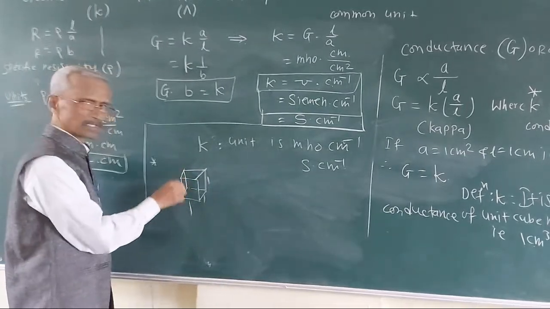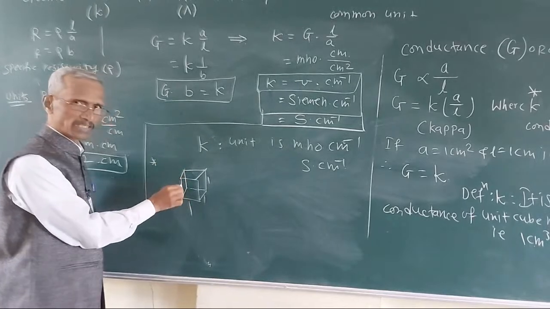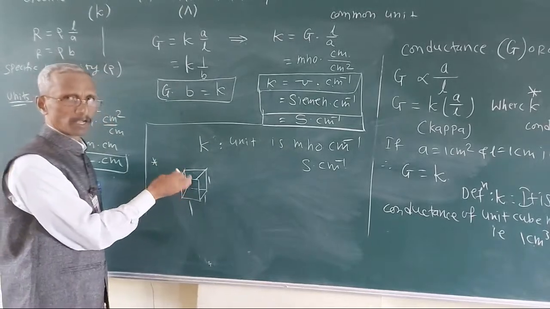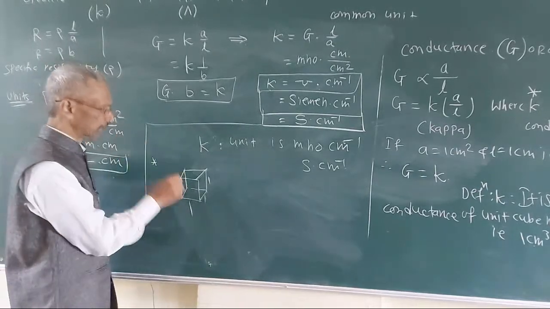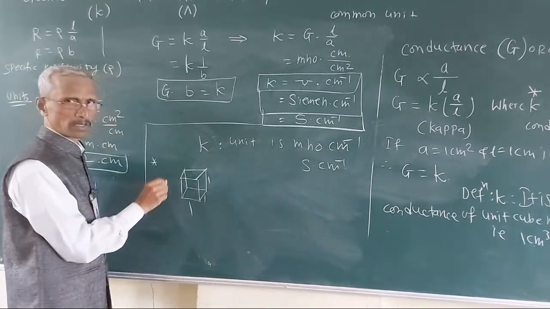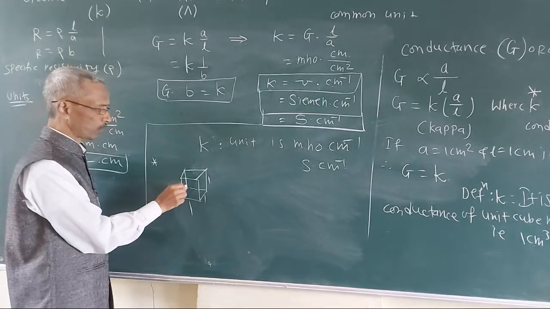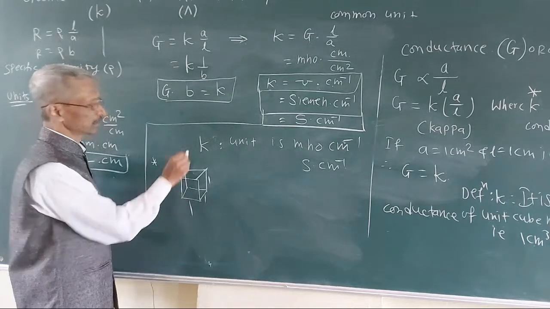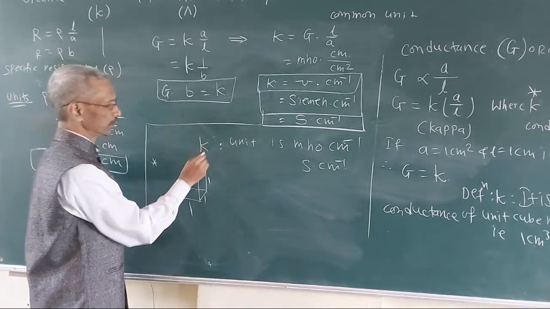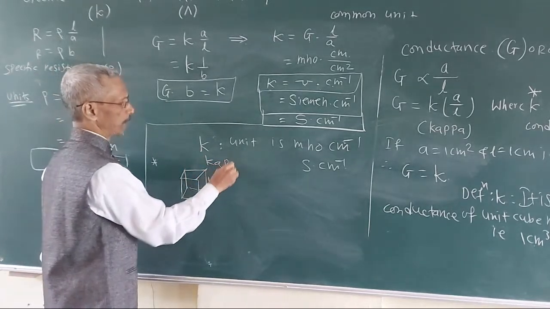Whatever the material inside, it may be an ionic conductor or a metallic conductor, whatever is the material inside of 1 ml, its conductance is the specific conductivity kappa.